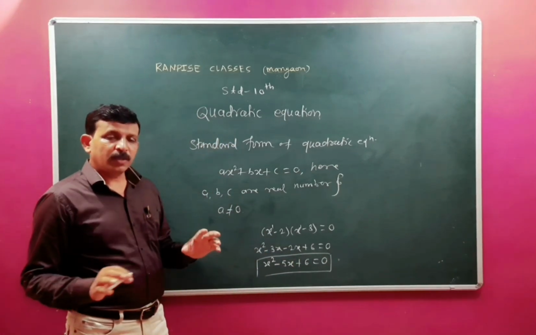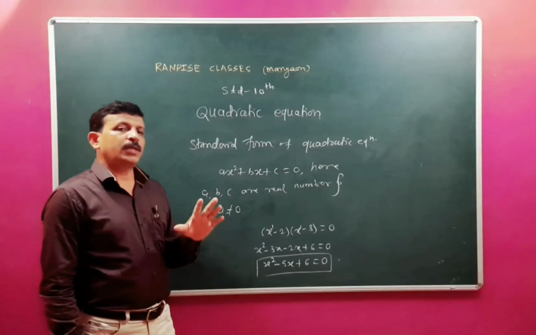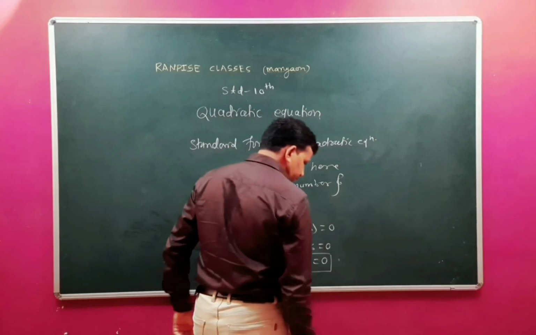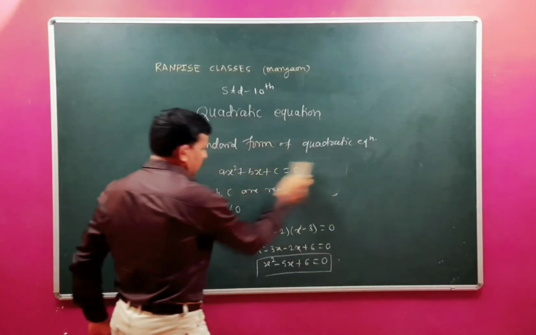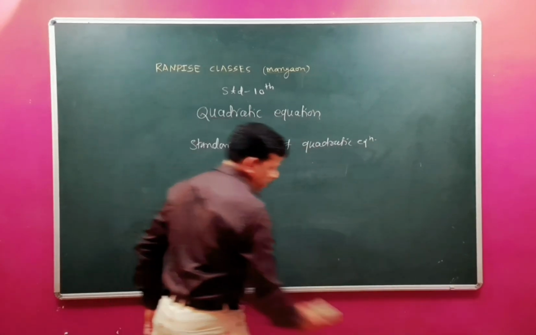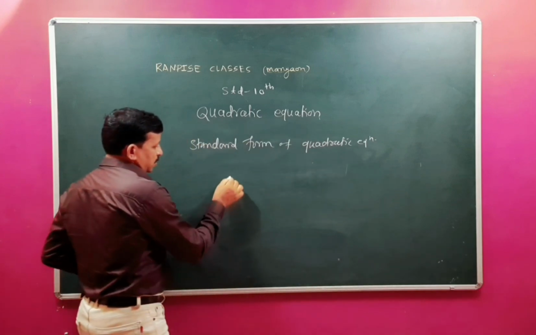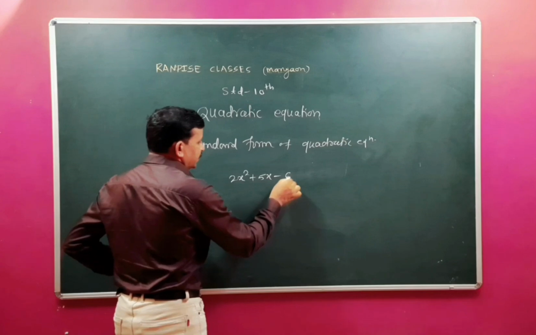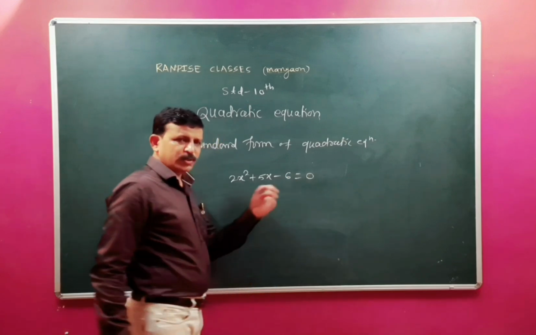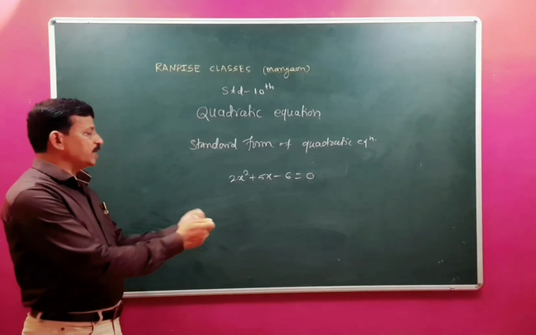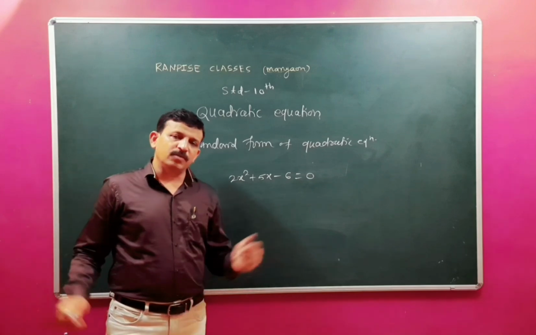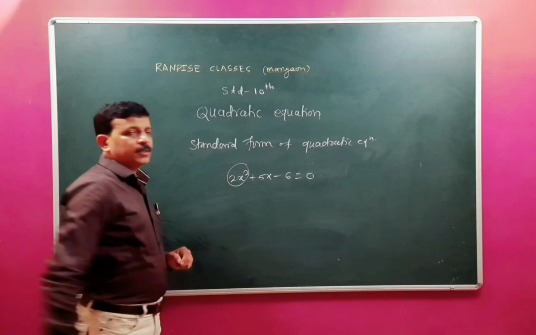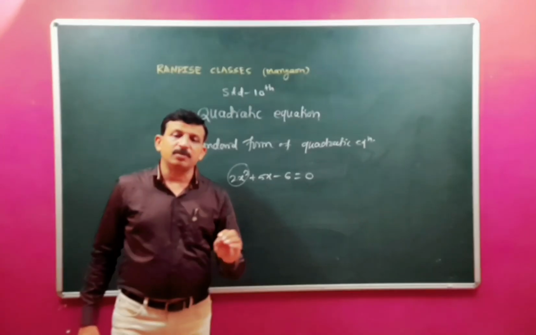We can form many examples of quadratic equations, just like 2x² + 5x − 6 = 0, and so on, 3x² + 9x − 3 = 0. But here the coefficient of x² is not equal to 0.